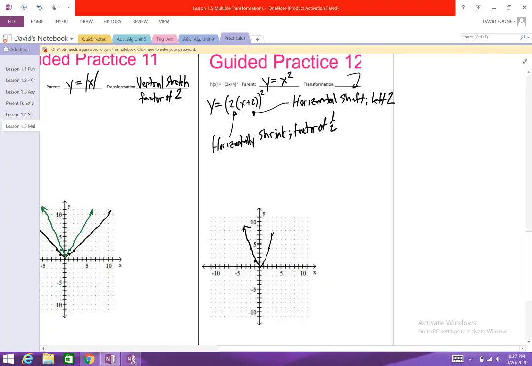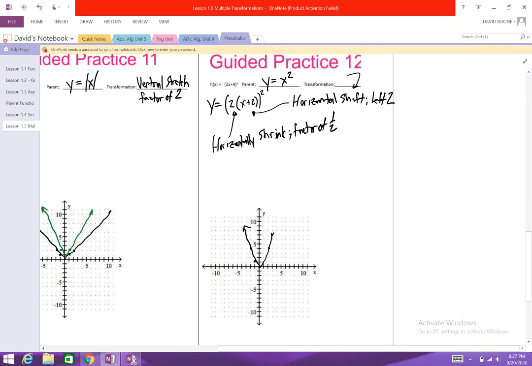So again, what I'm going to do is the stretching or the shrinking before I do the translation. There is no flipping because I don't see any negatives. So I'm going to horizontally shrink this by a factor of 1/2.